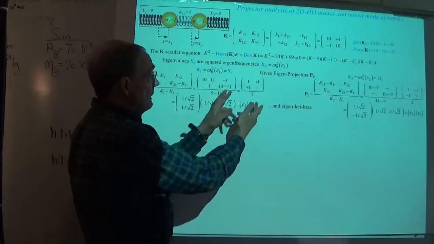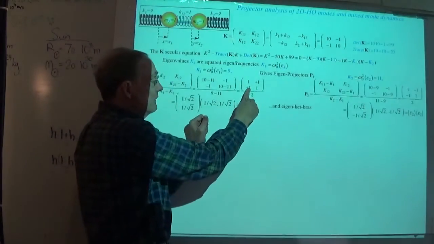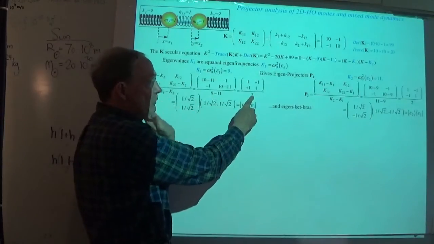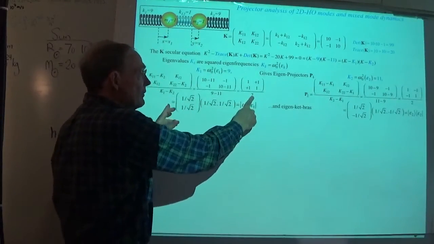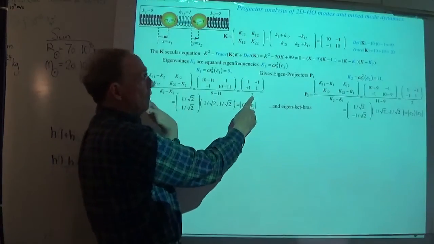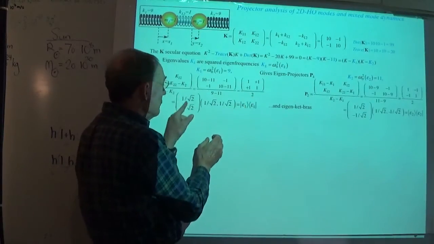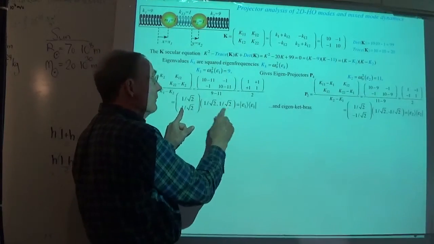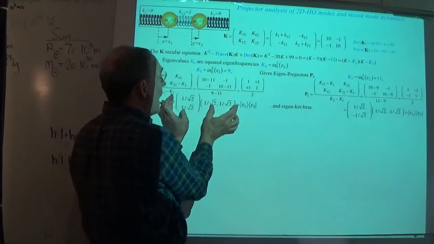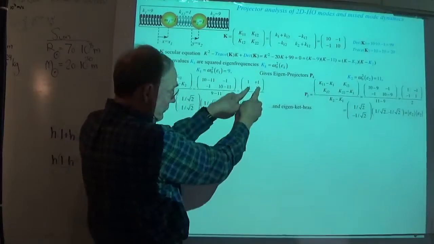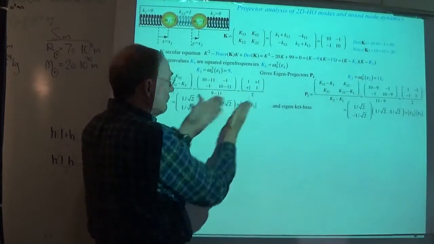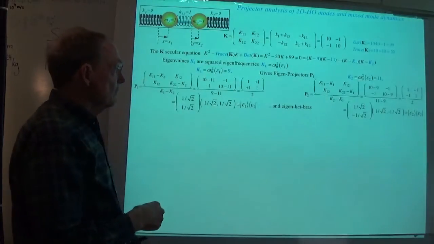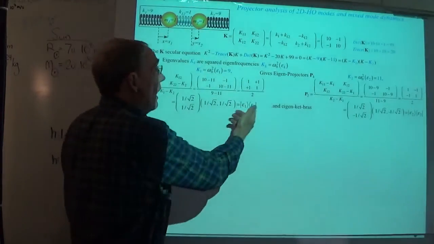In any case, may I make the point that I have here a vector with a 2. If I want to play the ket game, the kind that you will play if you take the quantum course, then I need the square root of this. So I need 1, 1 with a square root in the denominator, and I need another 1, 1 with a square root in the denominator. And those two outer products make this matrix. You see, this is factoring a matrix so you can get back to the old-fashioned way of displaying a Dirac bra-ket.